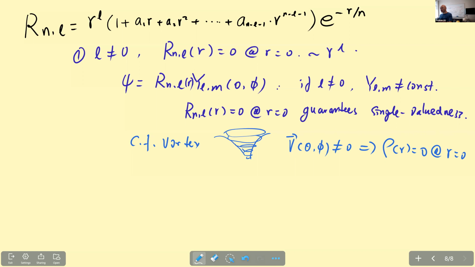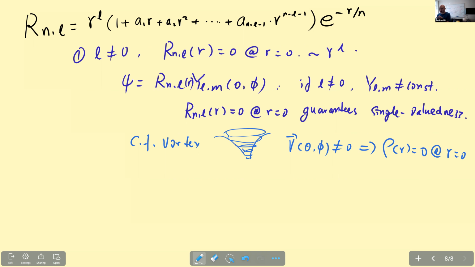And similarly, if we have a wave function with L non-zero, then this angular part is a spherical harmonic, so they are not constants. And to guarantee that the wave function is single valued, at r equal to 0, remember there theta and phi are not well defined, right?